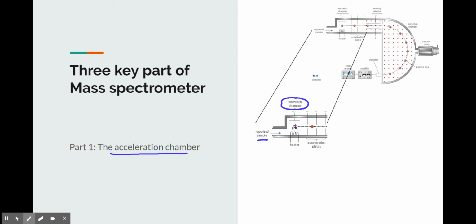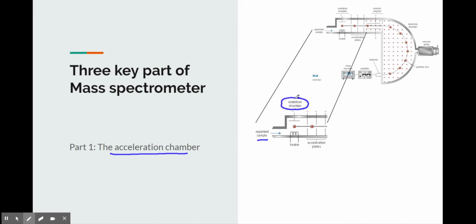It's really important, as you will see, that we make this a charged particle. And for the purpose of this discussion, we're charging these particles positively. So the ionization chamber is a chamber in which we knock, in this case, electrons off of the molecule or off of the atom or whatever we're studying in order to make it positively charged.